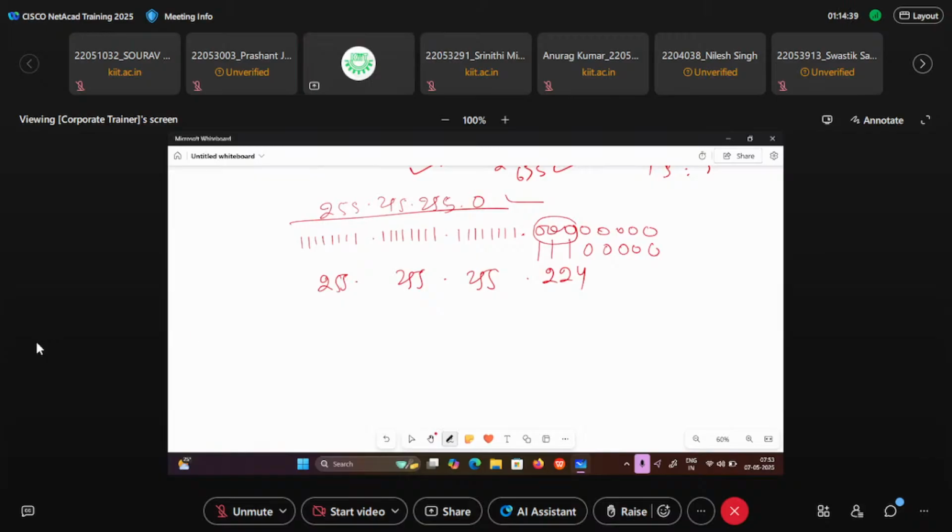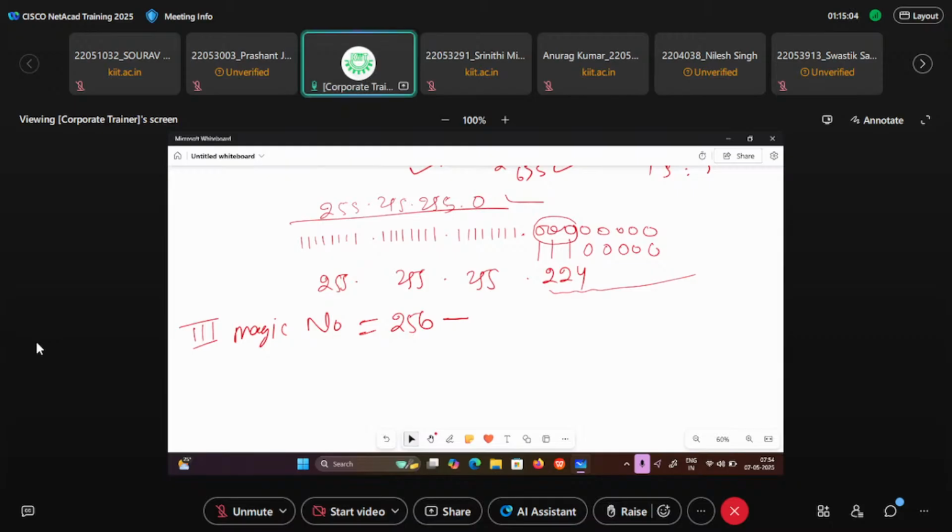In the third step, we have to find the magic number. We have to calculate the magic number. So what is the magic number? Here the total block size is 256 minus the new value you got. In the new subnet mask, the last octet where you have made the changes, what is the new value you got?